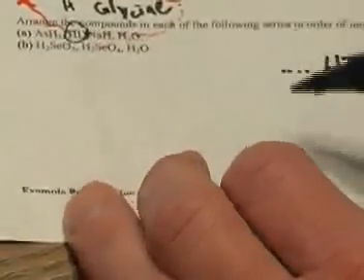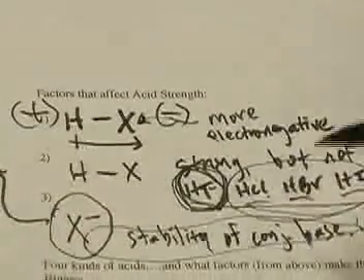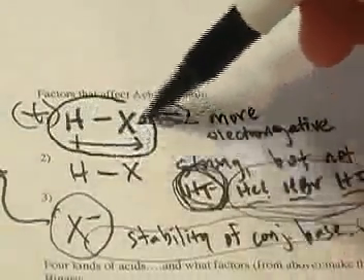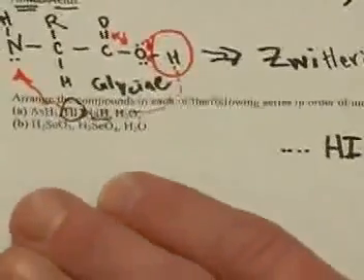Moving along down from there, the one that jumps out at me next is the NaH. Because remember, one of the primary things that makes something acidic is that it must have electronegativity in this direction going towards the anion. And if you look at this, it doesn't even have an anion.